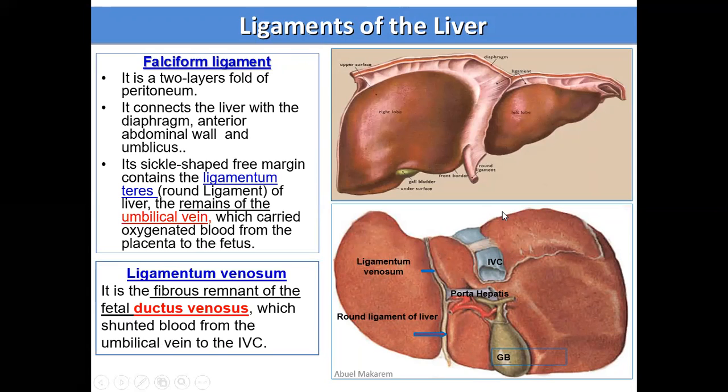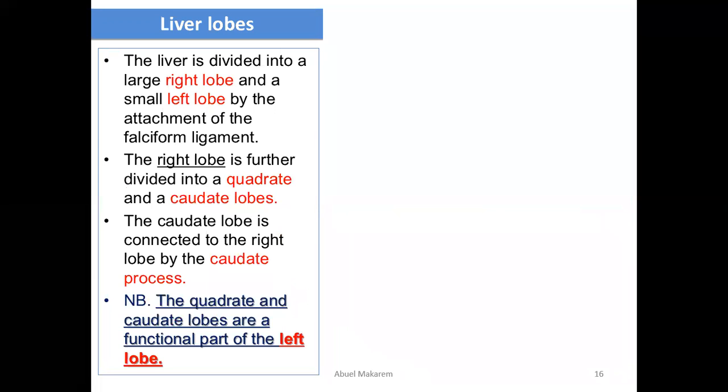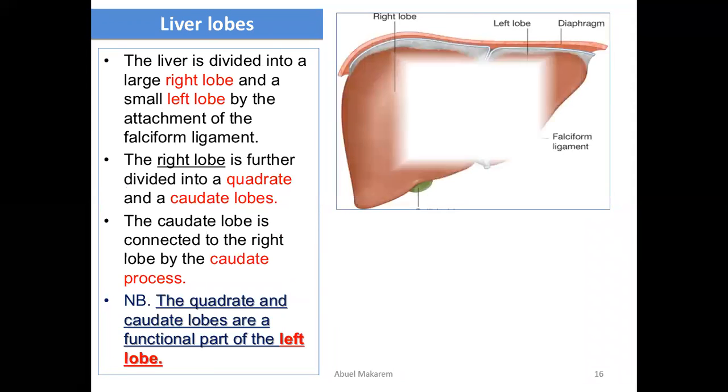So the blood is drained directly to the inferior vena cava without going into the liver. So this was shunting. This is the ligamentum venosum, and this is the round ligament of the liver. These are two very important remnants which are present as ligaments in the liver.